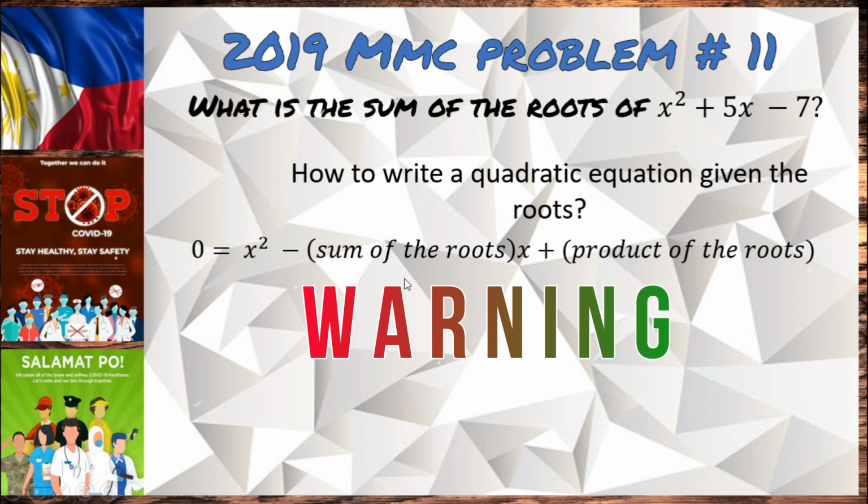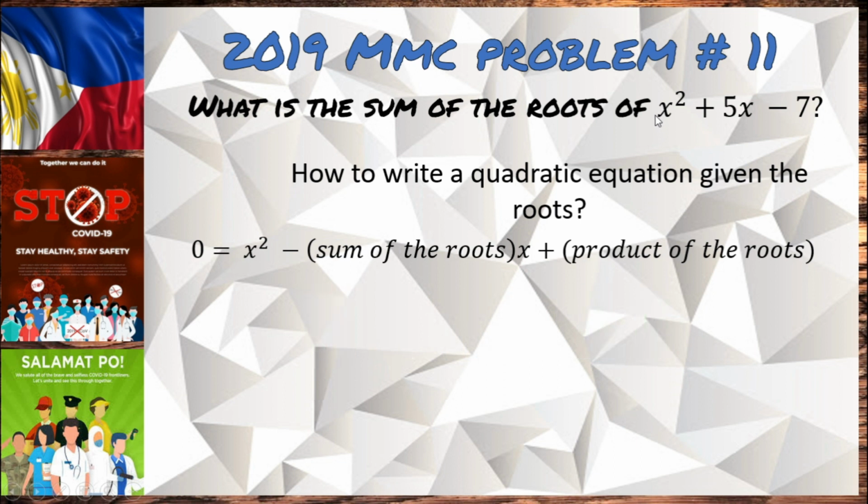Now, a little bit of warning: you can only use this trick if and only if the numerical coefficient of the first term is 1. Now, to continue, negative sum of the roots. So, meaning to say, to get the sum of the roots, you only have to get the opposite of whatever is the middle term, or the coefficient of the middle term.